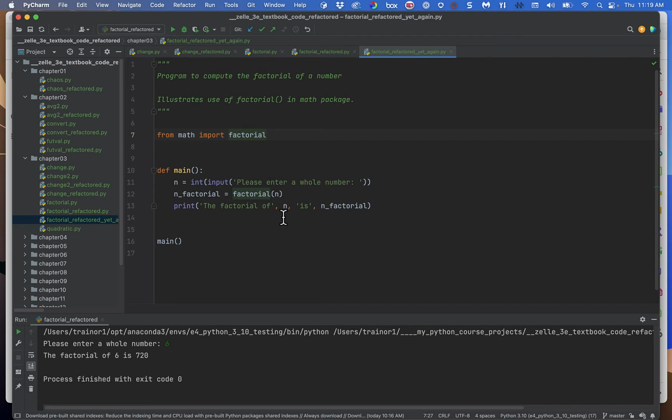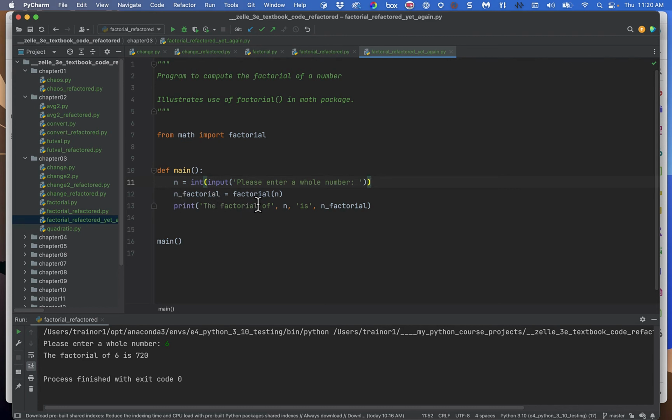What other improvements did I make? Well, I didn't call the variable for the factorial fact, or factor. If we're going to call the number n, which is kind of a mathy name, then I think we ought to call the factorial n factorial.